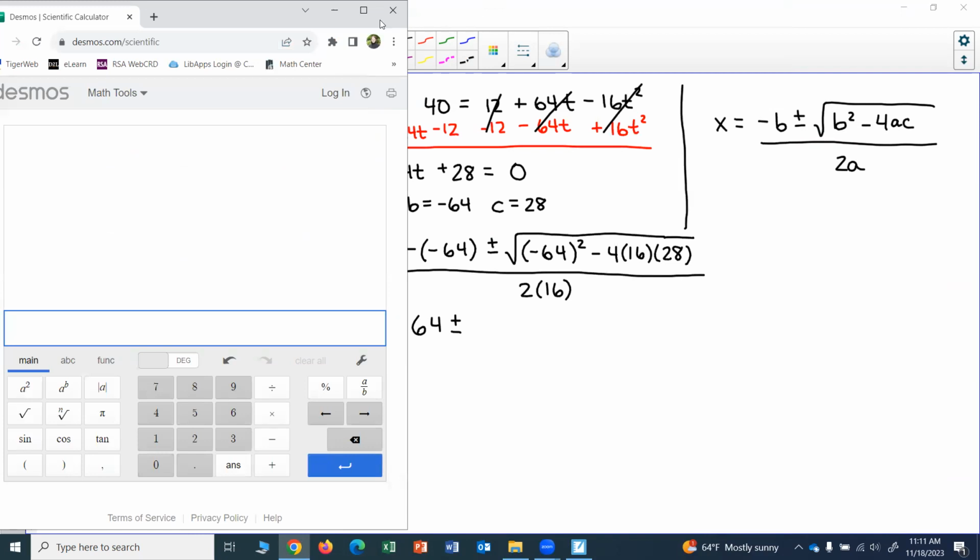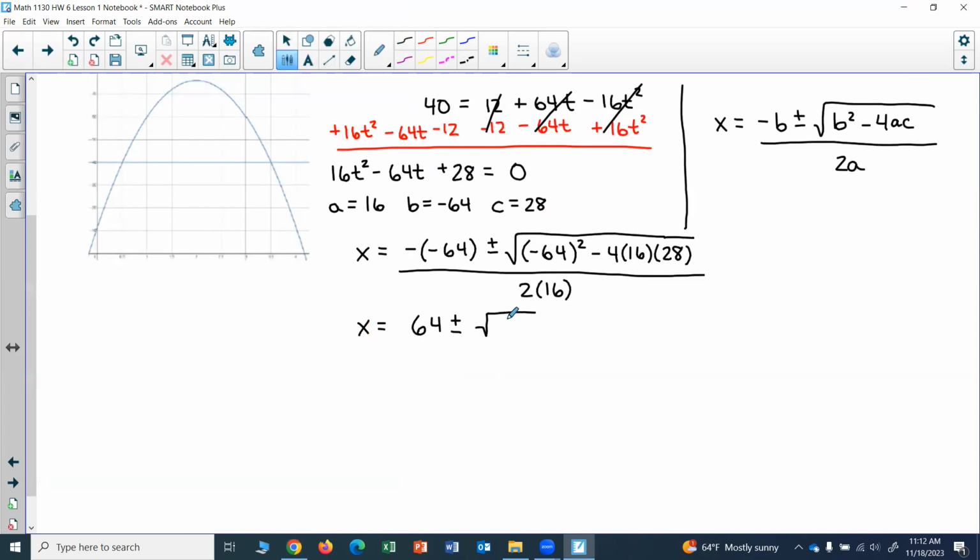So I'm going to put parentheses, negative 64, close the parentheses and square, minus 4 times 16 times 28. So 2,304. But remember, that's underneath a square root. So the square root of 2,304, all divided by 32, because 2 times 16 is 32.